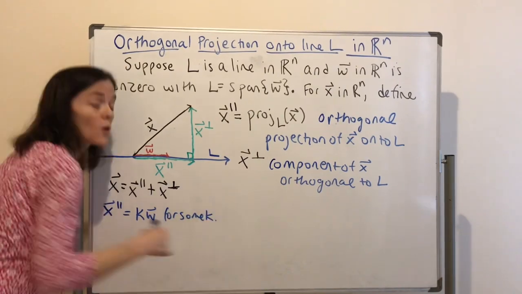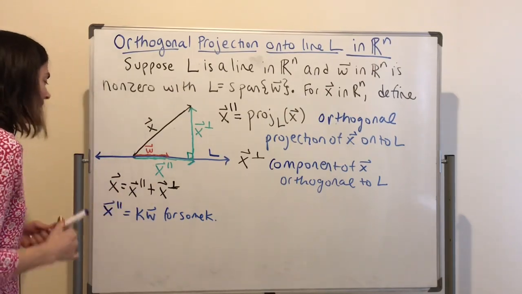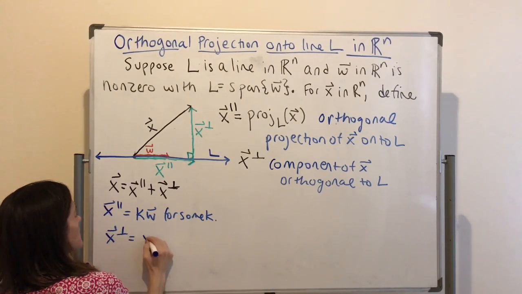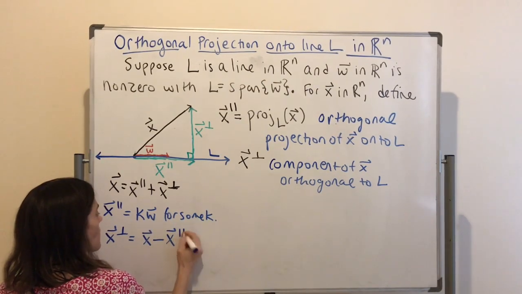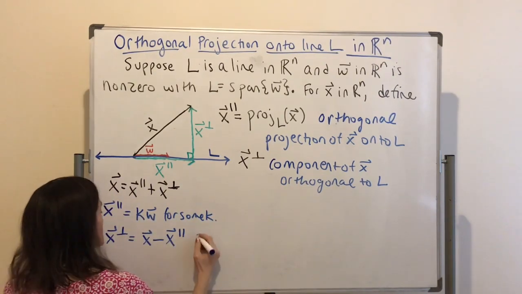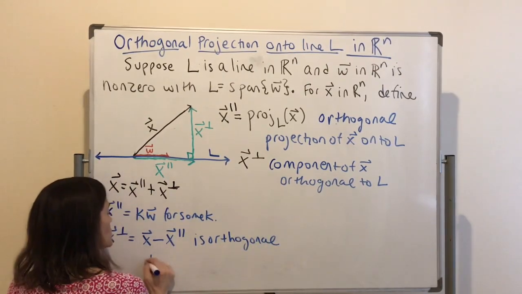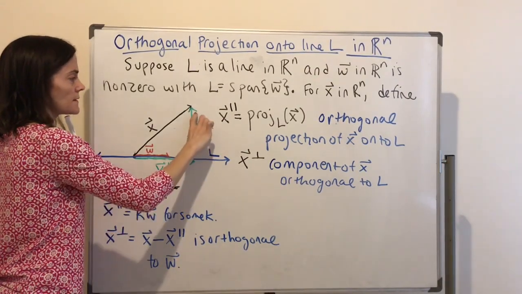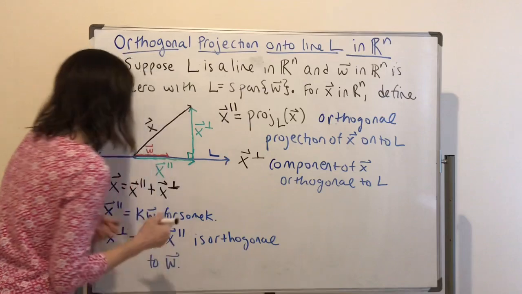This is our whole goal right now, to find this, and then we have a formula for orthogonal projection. Okay, and then this vector, which is this minus this vector, is this minus this. Very nice. This is orthogonal to w. You see it here, right? This and this are orthogonal.